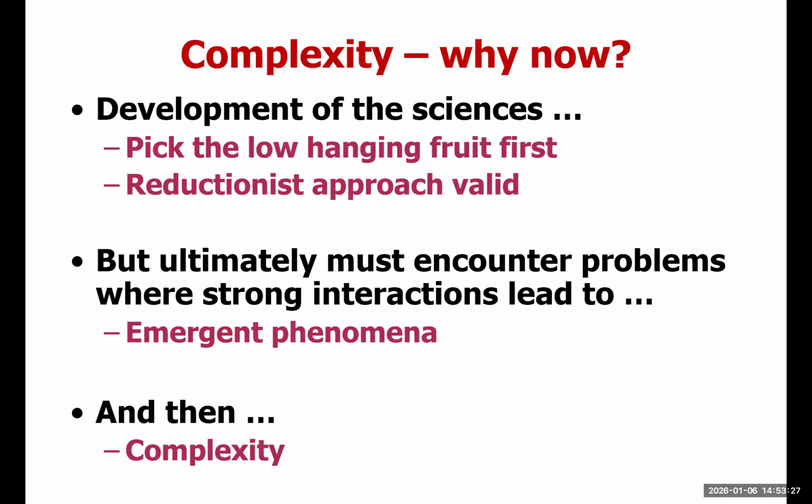But ultimately, you encounter problems where you have strong interactions, and that leads to emergent phenomena. And then from emergent phenomena, you can also get a complex behavior as well. So that's why we want to understand these things, because we kind of used up all the phenomena that we think of as being susceptible to a reductionist way of thinking.